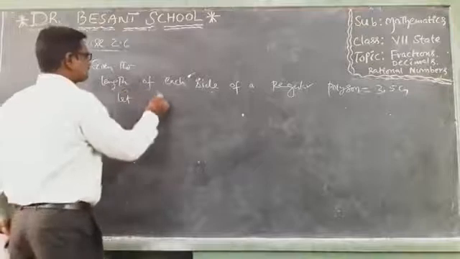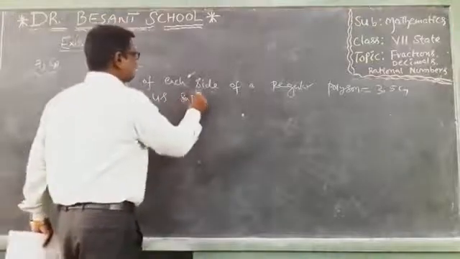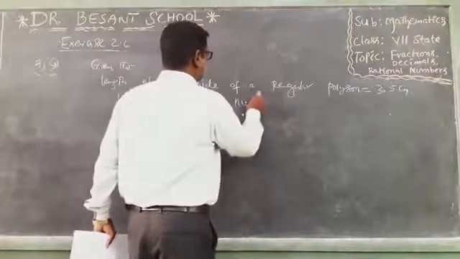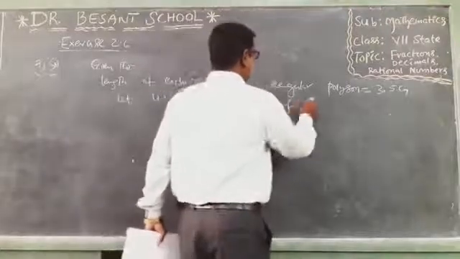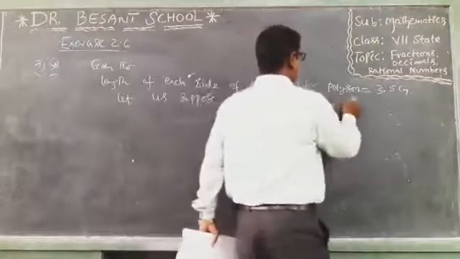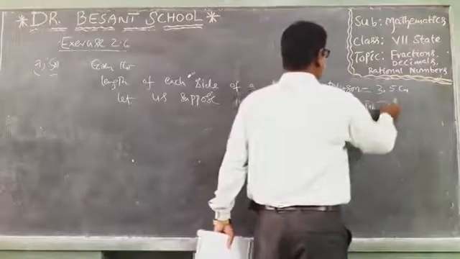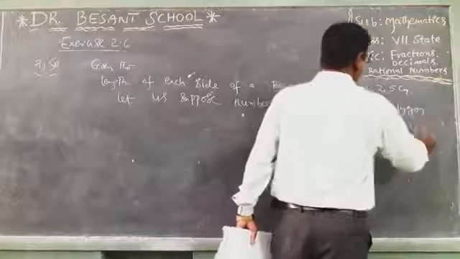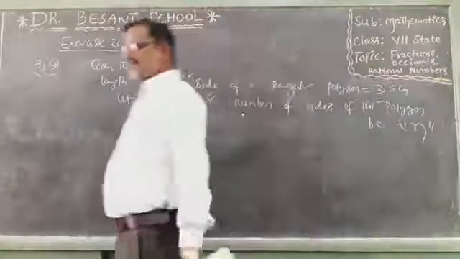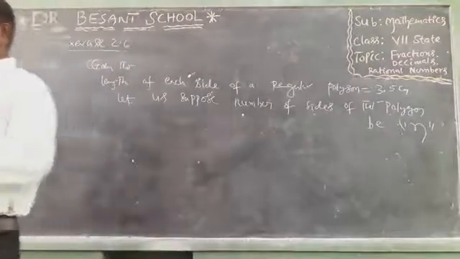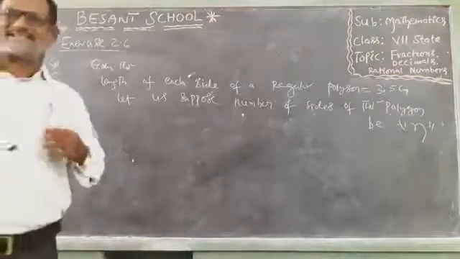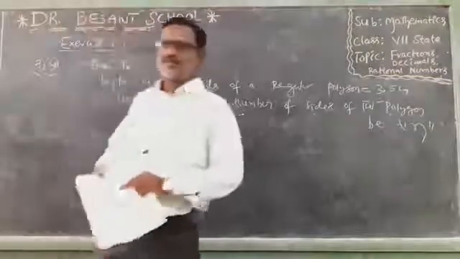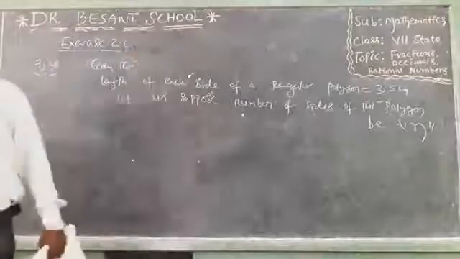Let us suppose the number of sides of that polygon be n. How many sides are there in the polygon we do not know. Whether there are 4 sides or 5 sides or 6 sides or 3 sides, whatever it is we do not know. So suppose the number of sides of the polygon is n.